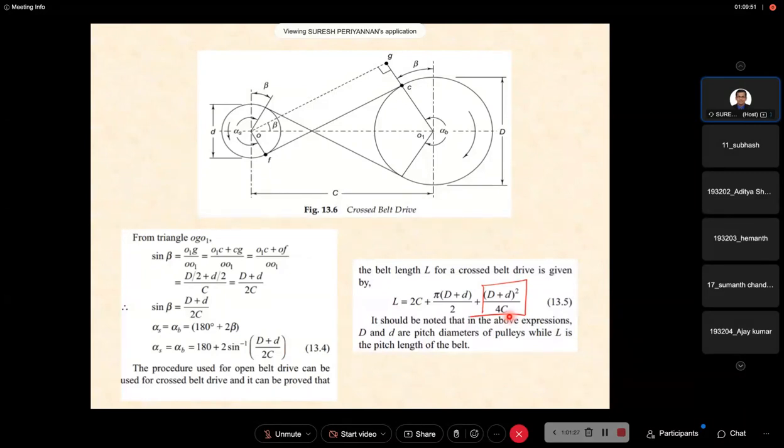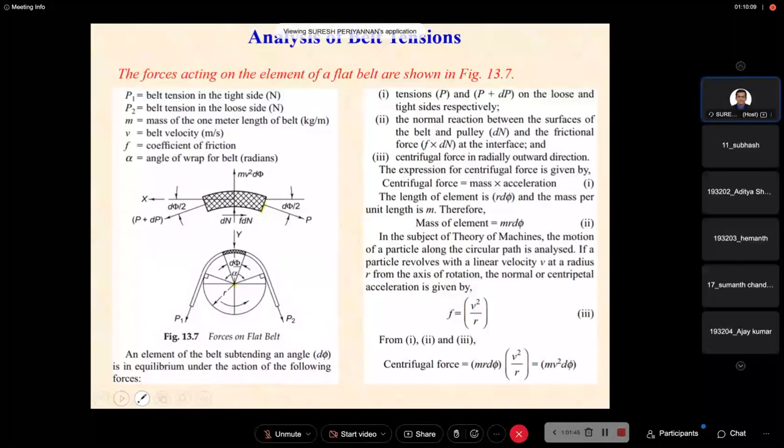We already discussed how to connect the two ends of the belt. When the belt is raw, we have to connect the two ends in proper manner. We already discussed there are three types of joints we use to connect the belt for our applications. In the next class we are going to discuss the analysis of belt tension and corresponding problems.